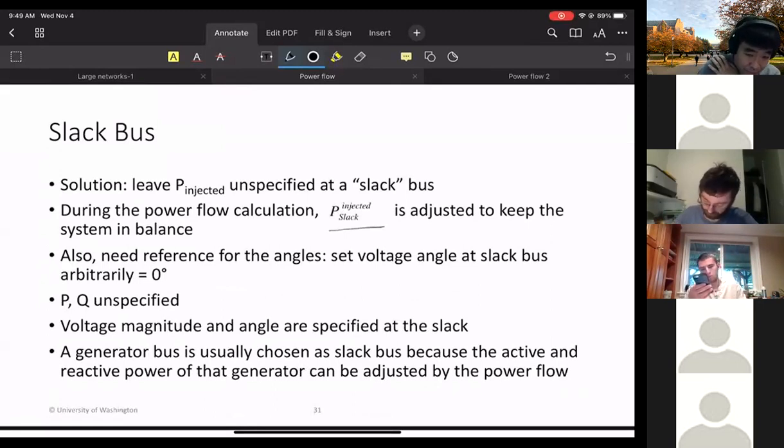Then, for convenience, we also set the angle to be 0. As a slack bus, since we can always set one angle to be 0, it just turns out for the slack bus, we'll set the angle to be 0.